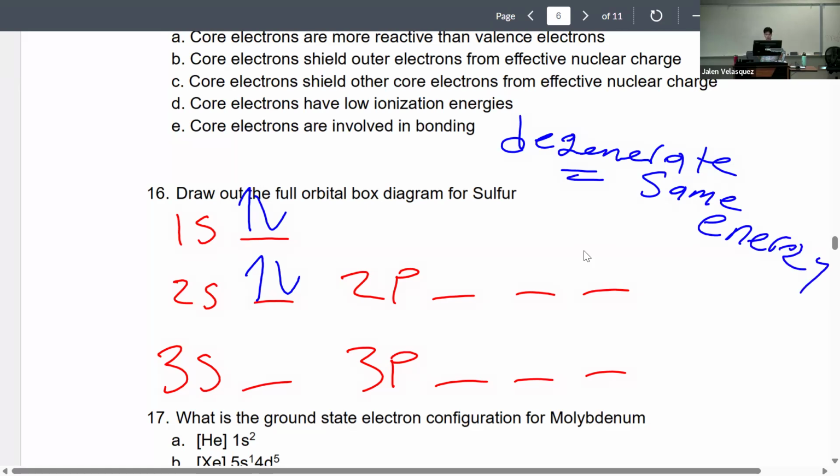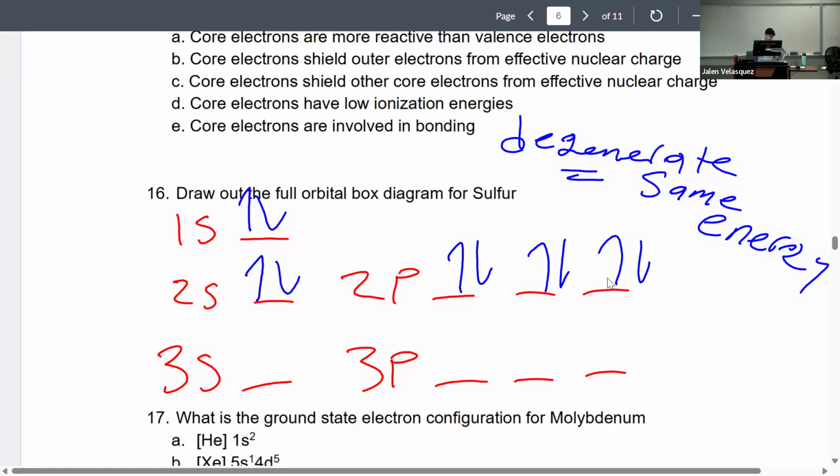Here we have 3 degenerate orbitals. Can I fill in those electrons any which way I want? No, I have to do them one at a time before I pair them up. Remember, that was Hund's rule. So we go 2p1, 2, 3, 4, 5, 6.